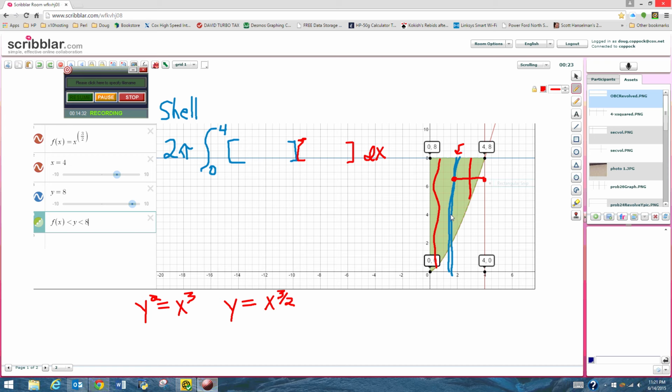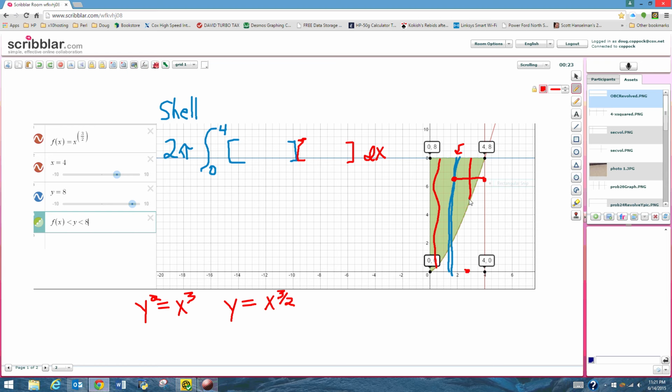So the height of the shell is again this distance right here in terms of some x coordinate. So what we want to do is say, well, really this distance right here is the entire distance, take away this distance. Okay, so the entire distance from x up to here is 8.